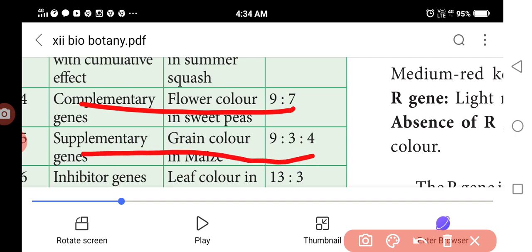Next are supplementary genes, for example grain color in maize.